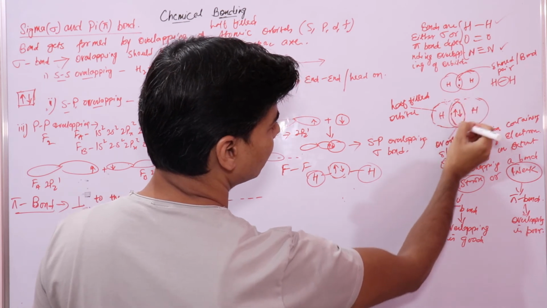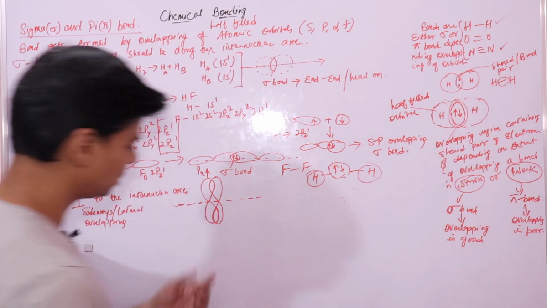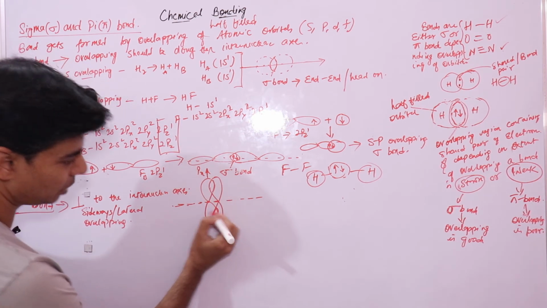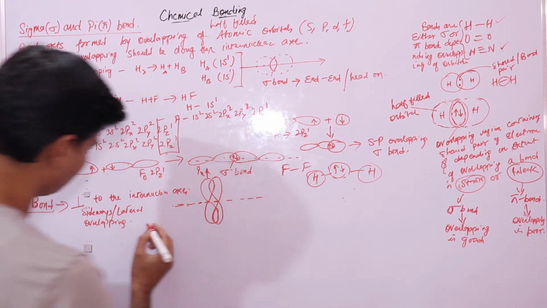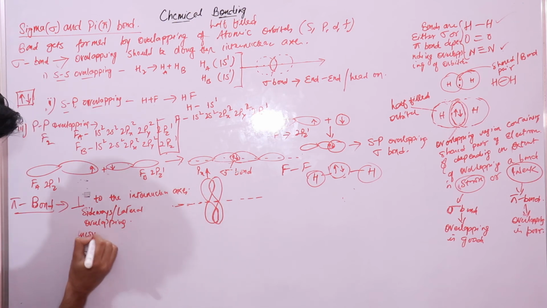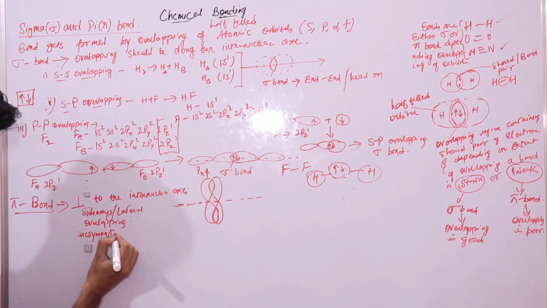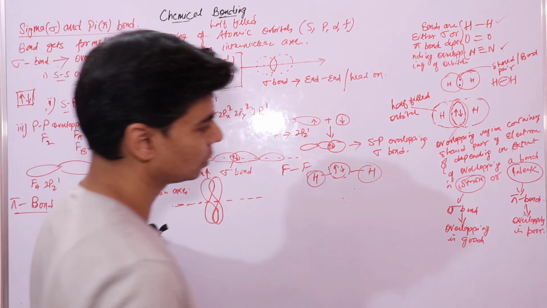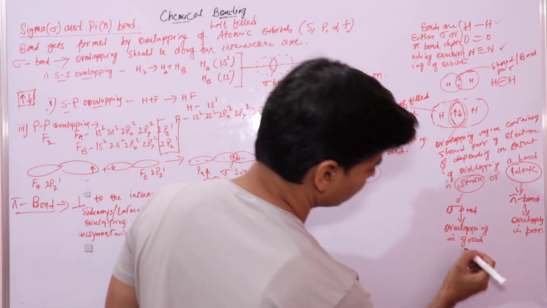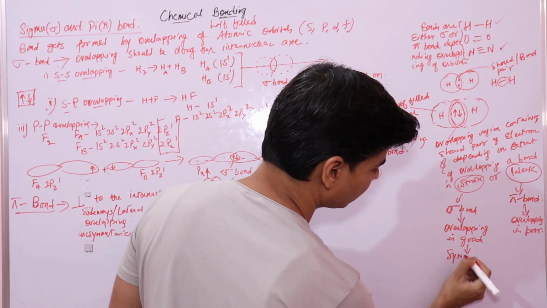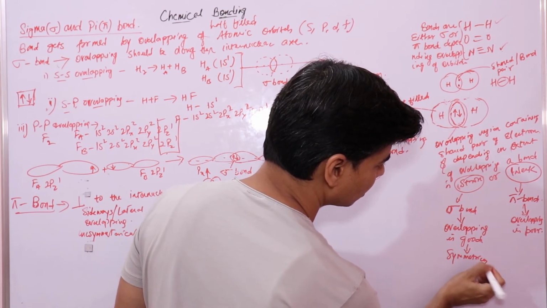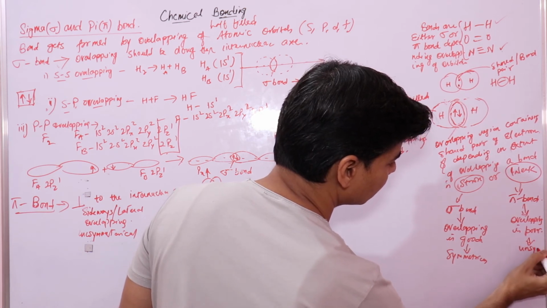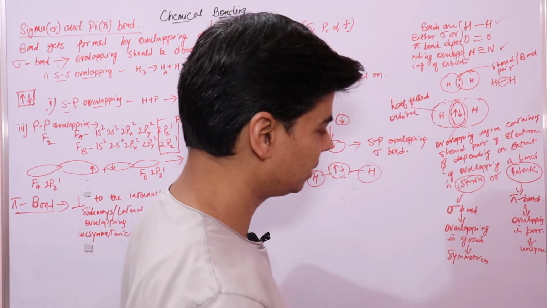It's symmetrical. But the electron cloud of this is half above and half below, so the electron cloud is unsymmetrical in the case of the pi bond, whereas it is symmetrical in the case of the sigma bond.